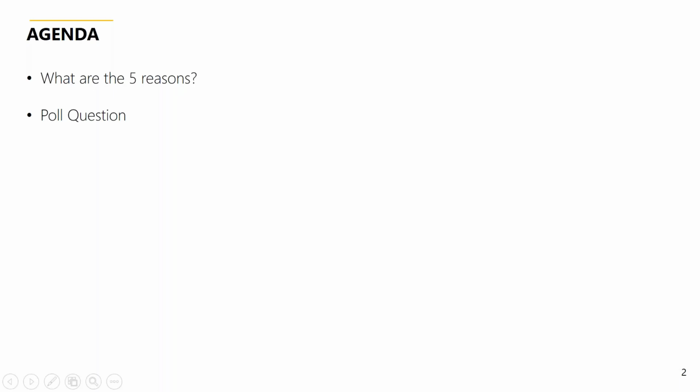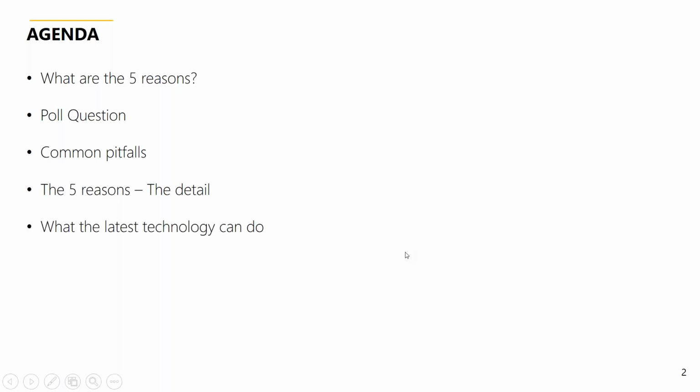We're going to look at some of the common pitfalls that people go through when automating accounts payable. We're then going to go into the detail behind the 5 reasons, a look at what some of the latest technology can do in the marketplace, ITESOFT's overview, who we are, where we've come from, and some questions and answers and some next steps for yourselves.